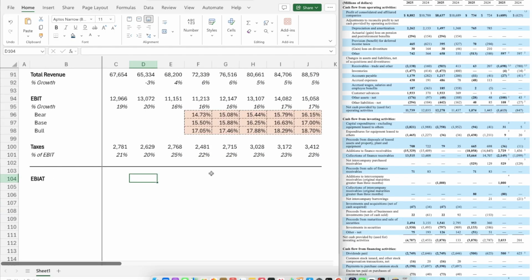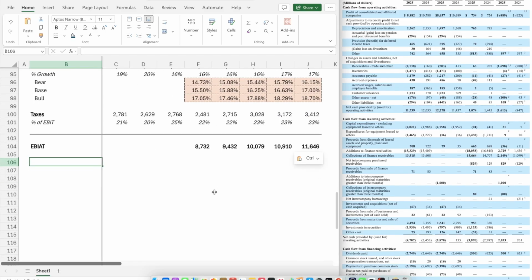So once we have that, what we calculate next is the EBIAT, which is your earnings before interest, but after tax. You go equals, you select your EBIT, and you subtract your taxes. Pull it along, and that is the earnings before interest but after tax. We then add back in our cash flow items.